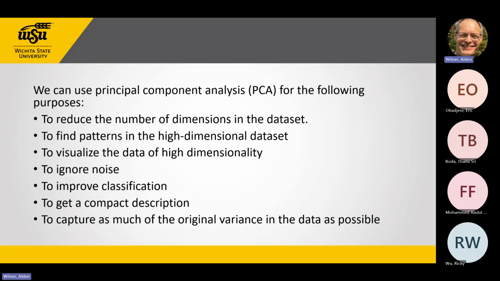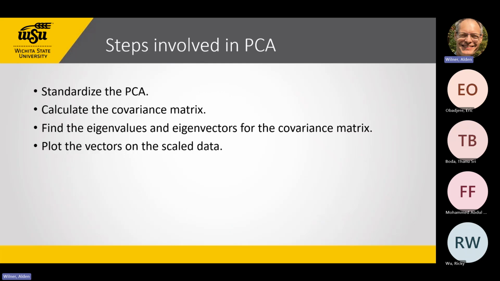Well, if we find out that there's just stuff that's random variations about the mean, we can throw that away with PCA because it'll cancel itself out and become a less important feature. It'll improve our classification. It will give us a more compact description of our data. It might not be intuitive, but it will be compact, right? And again, it captures as much of the original variance in the data as possible.